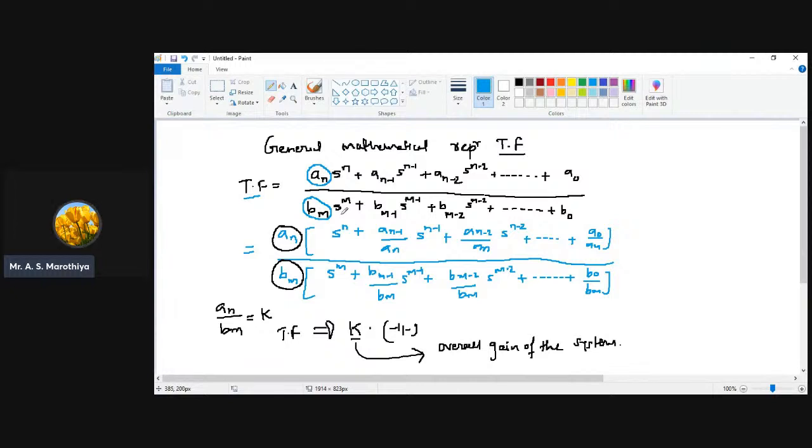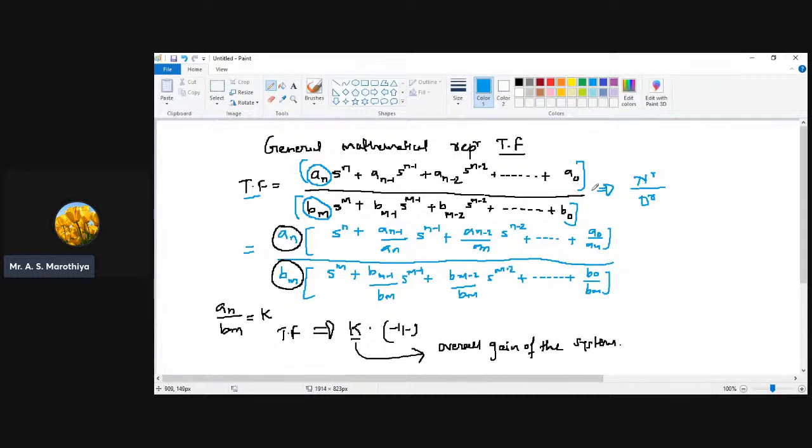So in order to find out the poles, let me rewrite this equation like, this is going to be the numerator polynomial function, and this is going to be denominator polynomial function. So numerator polynomial function is this entire term, and denominator polynomial function is going to be this entire term.